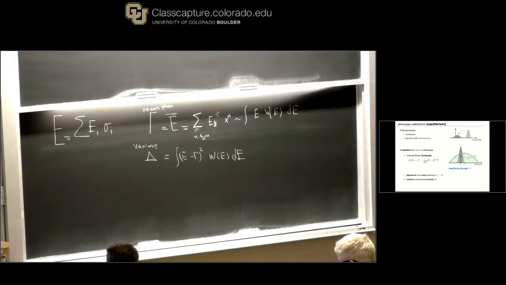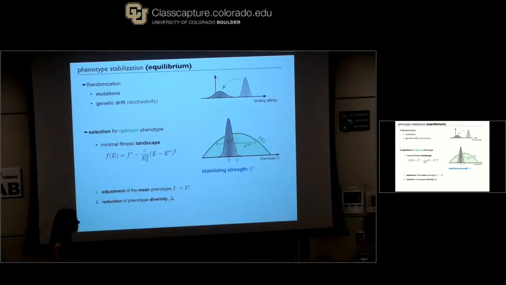That might be a reasonable approximation for a lot of phenotypes, at least locally around some region where you have an optimum you want to be close to. If you turn on selection, you push the mean of the phenotype towards this optimal value, and also reduce the variance of the phenotype, which is normally pretty broad. You're restricting individuals to all be close to the peak.